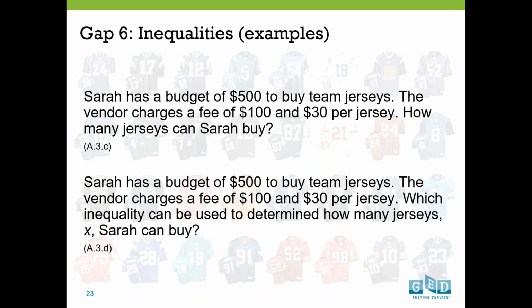When I started talking about GAP 6 and I mentioned using algebraic reasoning to solve contextual problems, context-based problems, I'm talking about examples exactly like this first one, where there's no equation given, it's a word problem, there's some information given, and they're asked to find an answer based on that information.